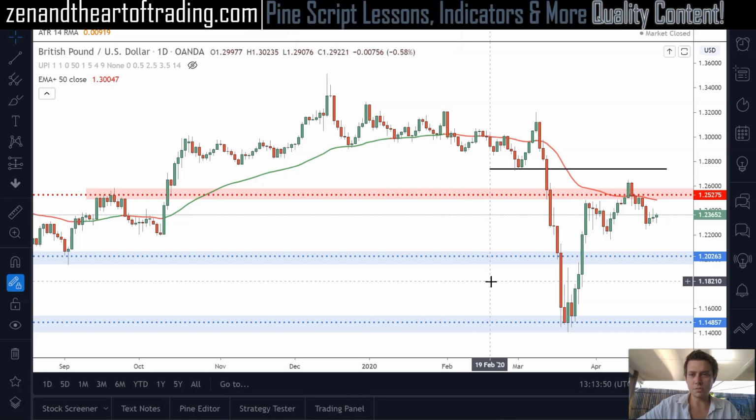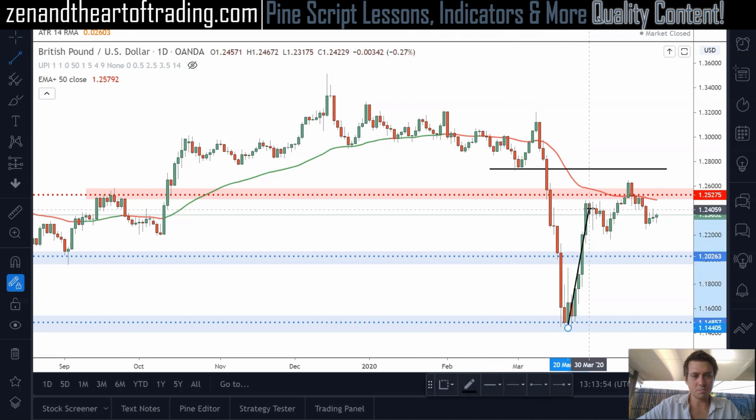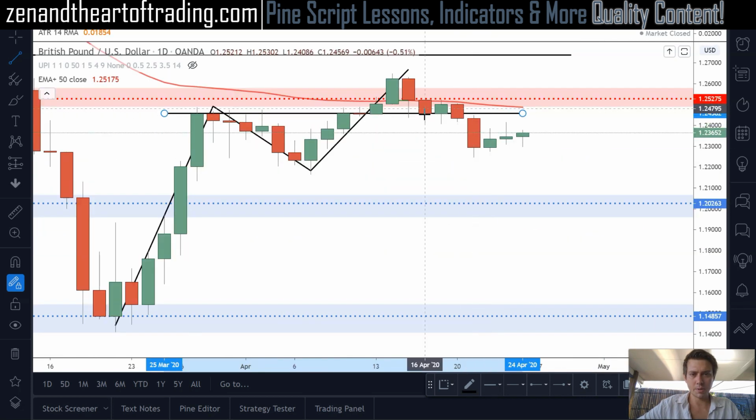So moving on here to pound dollar. We actually have a potential bullish trend reversal occurring here on pound dollar after this 1, 2, 3 move. Now last week I said that I was expecting this previous swing high to potentially act as support because we had these two little wicks here that this daily chart was responding to.